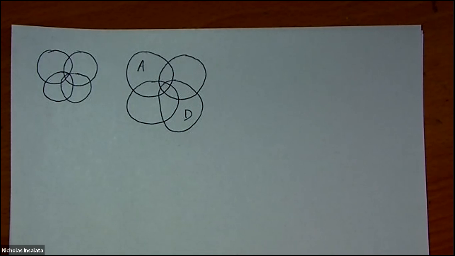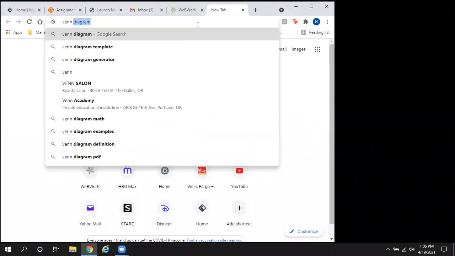Does anyone know how to draw it? Any ideas? Okay, well then let's take a look. As usual, Google.